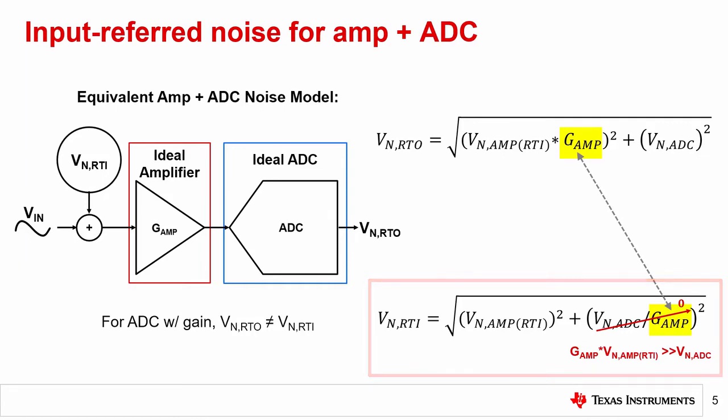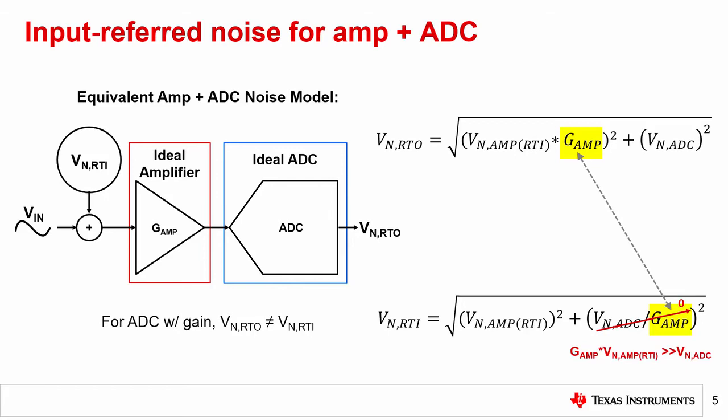As you can see, the amplifier gain divides out from the amplifier noise term, while the ADC noise is now divided by the amplifier's gain. This is a powerful and useful result. If the amplifier has a high gain, the ADC noise becomes negligible and the total input referred noise is only dependent on the amplifier's noise, which is constant at a specific bandwidth. This is true whether or not the amplifier is integrated into the ADC or as a discrete component.